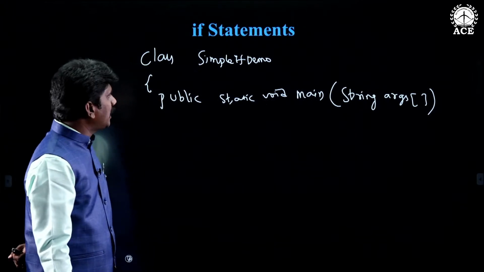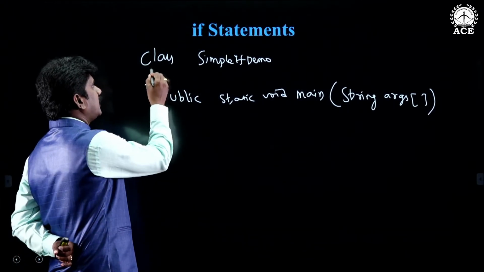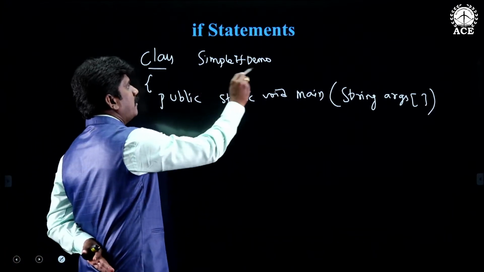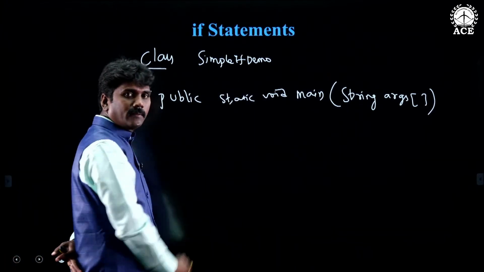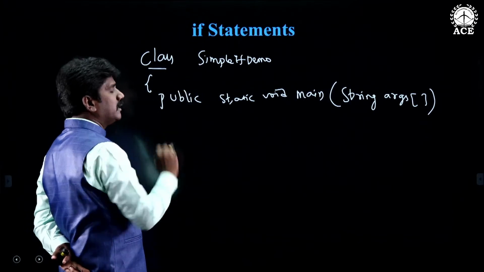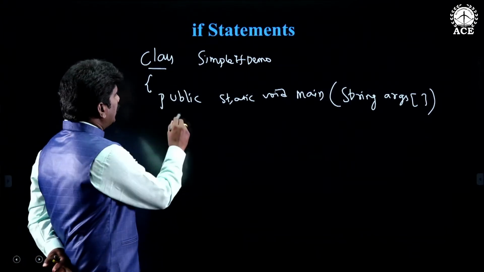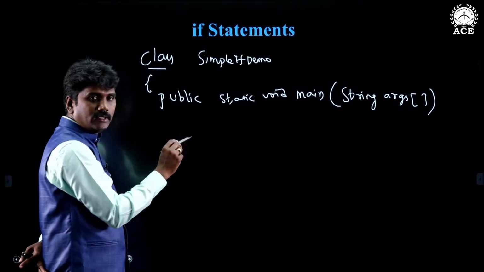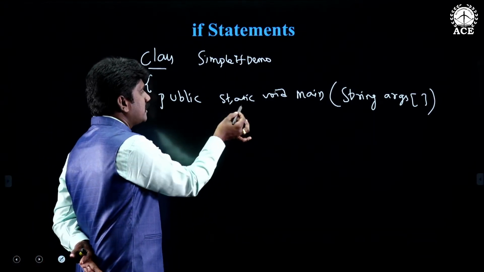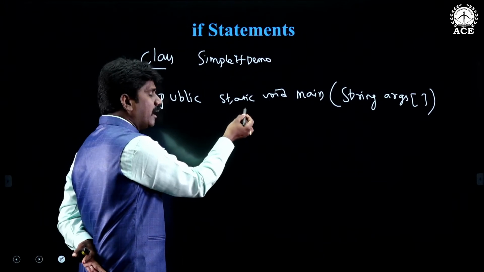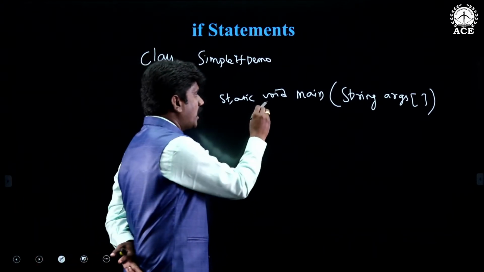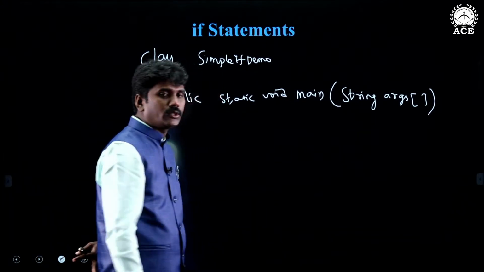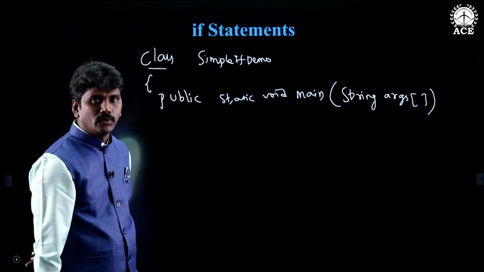Here I would like to tell you one important point: class is a keyword, all lowercase. The class name is your choice, you can take any name, but it should start with a letter. Next is public static void main. Public is a keyword, all lowercase. Static is a keyword, all lowercase. Void is a keyword, all lowercase. It is the practice to use main in lowercase only.